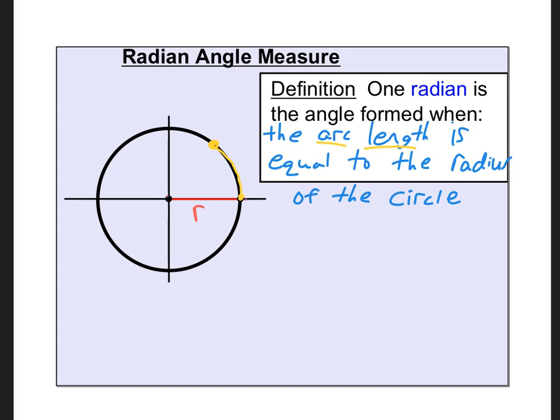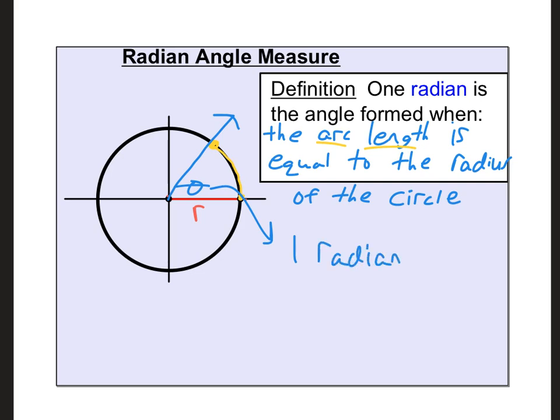It looks fairly close, right? There's an angle formed when we do that, right there. If the yellow arc length equaled the length of the radius, if they were exactly the same, that angle would equal 1 radian.